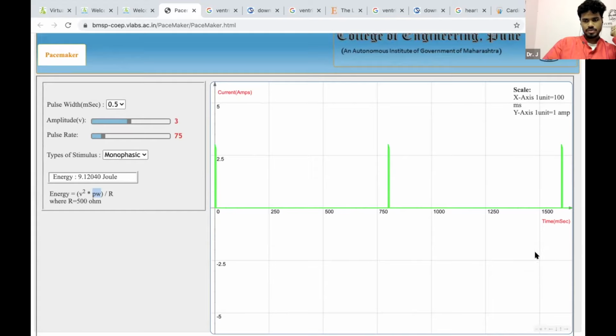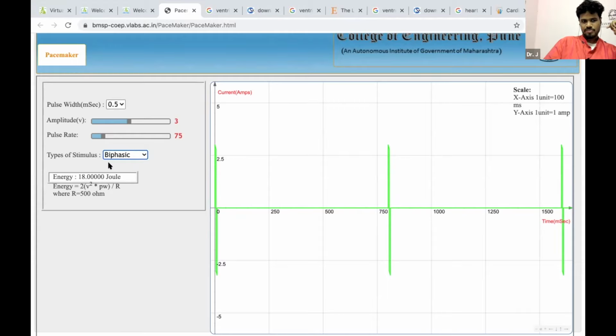Now, the moment you change this to biphasic, again, pulsing can be monophasic, but you don't want to cause inflammation at that electrode location over a course of months or years. Typically, you also pulse it biphasically. That is, you have a positive pulse followed by a negative pulse.